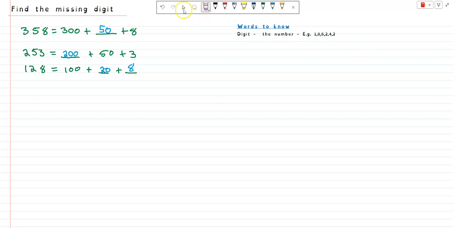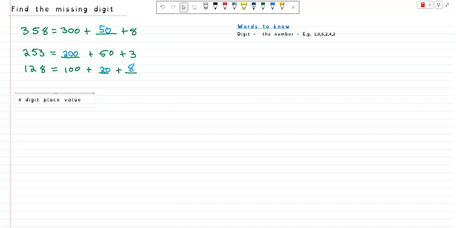Okay, so the next thing we're going to learn is our fourth place. We've talked about 3-digit numbers. Can you see that all three of these numbers have 3 digits? 1, 2, 3. Now we are working with 4-digit numbers, 4-digit place value.